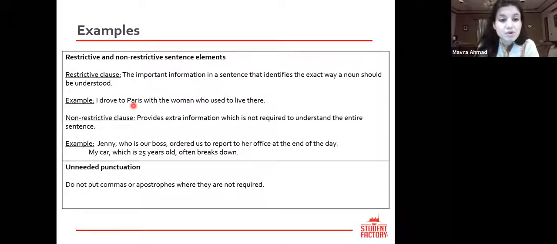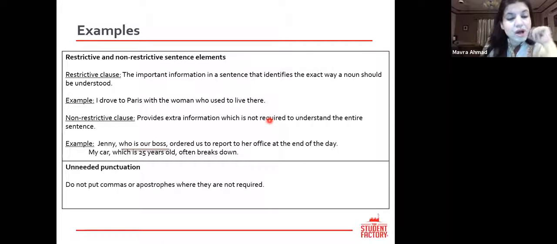All right. So non-restrictive clause. Let's look at an example sentence for a non-restrictive clause. It provides extra information which is not required to understand the entire sentence. Now this is extra information, and the example sentence is, Jenny, who is our boss, ordered us to report to her office at the end of the day. अब यहाँ पर कौन सा आपको लगता है कि non-restrictive clause हो सकता है?